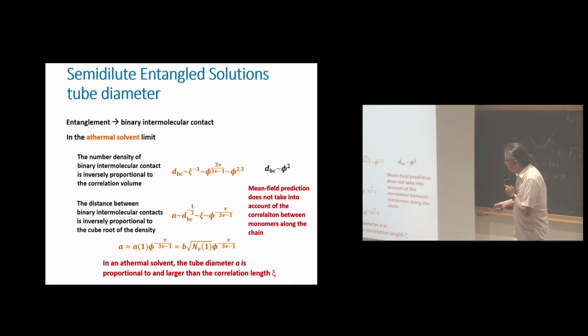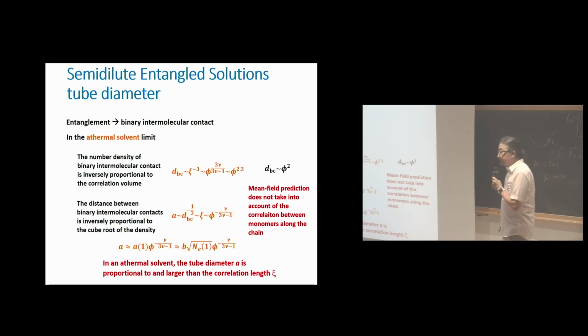We can simply use the tube diameter of the melt and add this concentration dependence of ξ to get this relationship. So a is proportional to ξ, and it is B times phi to the power of (2 minus ν) divided by (3ν minus 1), with this factor.